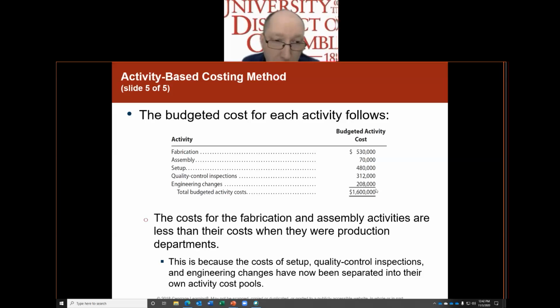That's still true. But now I have that budget allocated to each activity. $530,000 for fabrication, $70,000 for assembly, $480,000 for setup, $312,000 for quality control, and $208,000 for engineering changes. The costs for fabrication and assembly are less than they were when they were departments. This is because there are several activities involved.